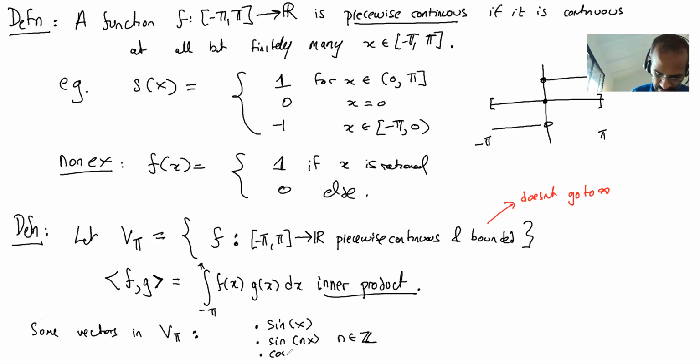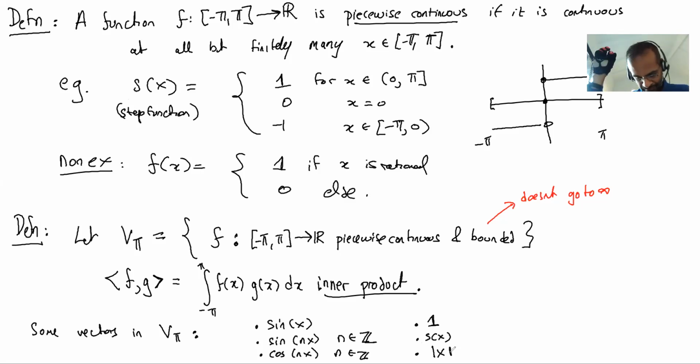Cosine nx is there for every integer n. The function 1 is in there, right? 1 is a function of x. The step function I wrote above is in there, because it's piecewise continuous and bounded. The absolute value function is in there, which was mentioned earlier. And there's a ton of stuff in there. We'll see some of it later, and you'll see even more of it on the homework. And all linear combinations of these things are in there too.